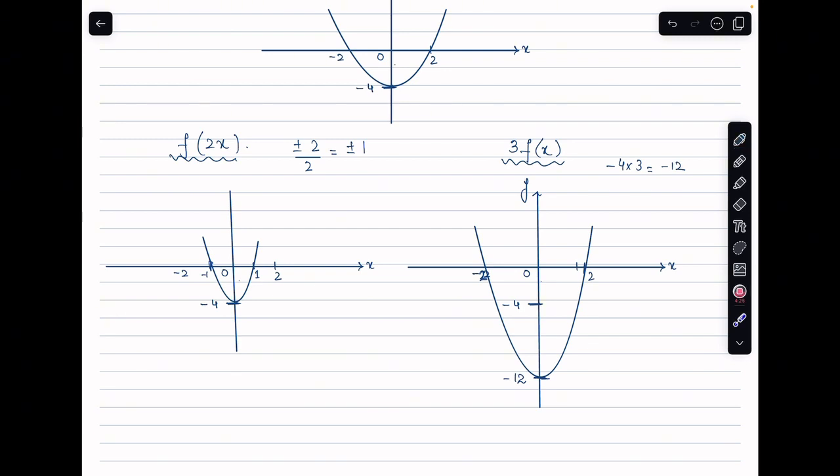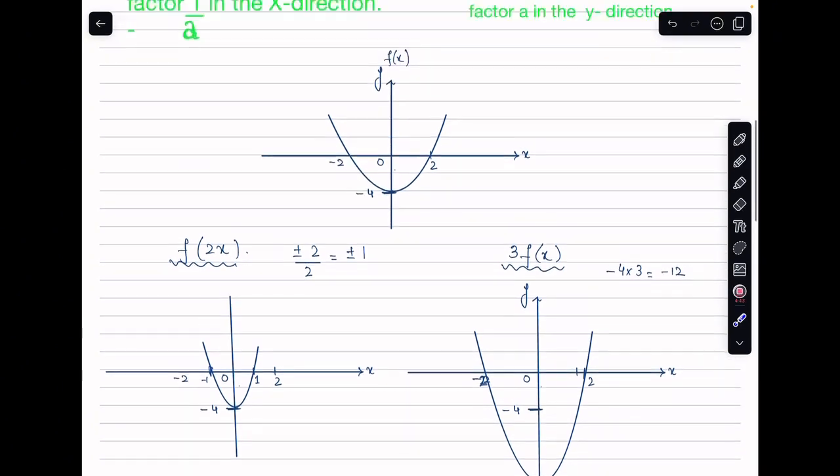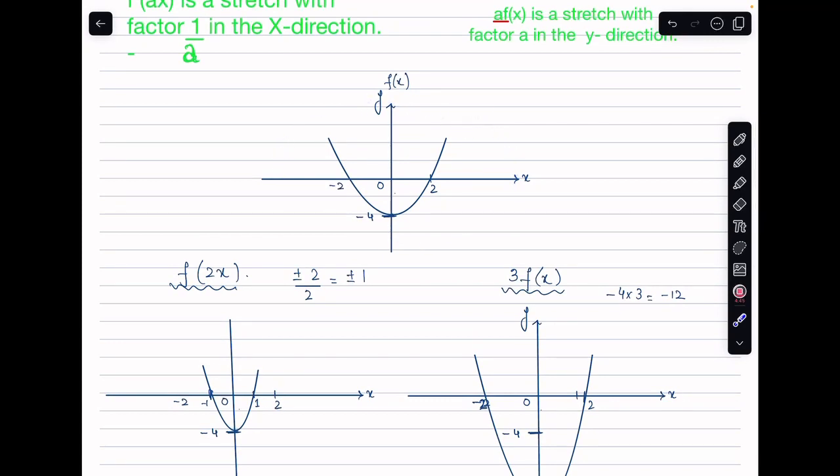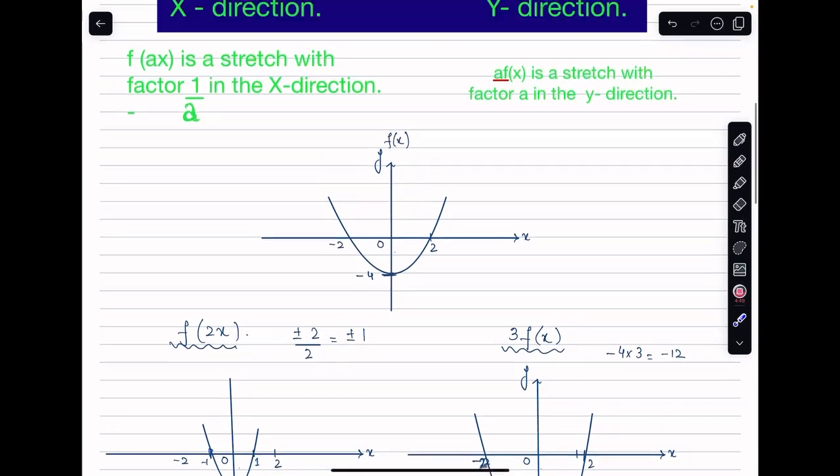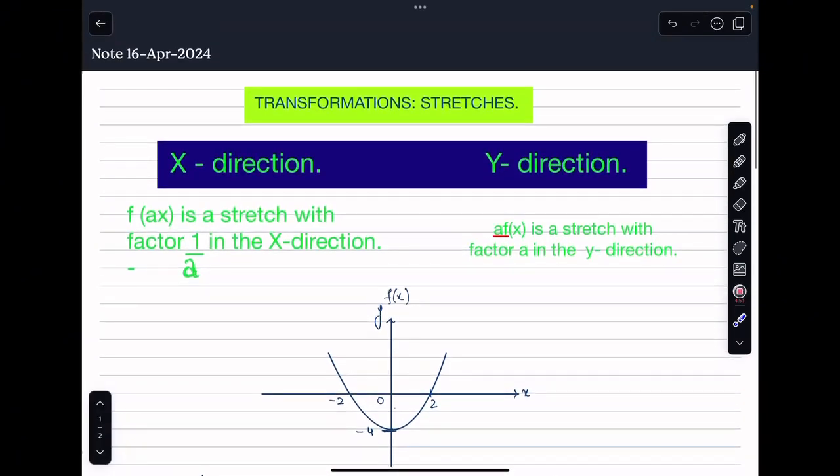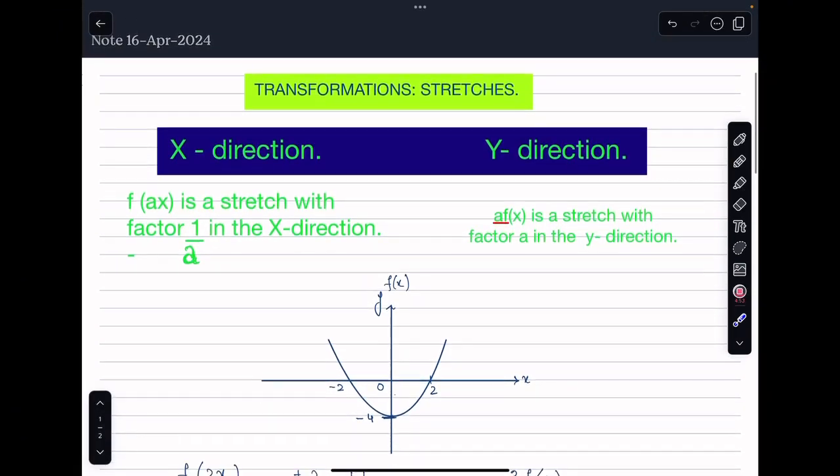So this is going to be the shape of the graph after the stretch along the y direction with the stretch factor 3. So -4 multiplied by 3, giving us -12. This is how my graph will get stretched for the given graph over here. So this is the explanation for the stretch transformation for functions along the x and the y direction.